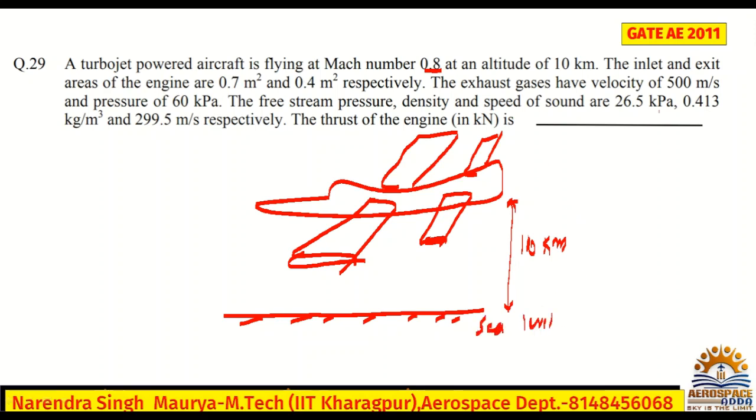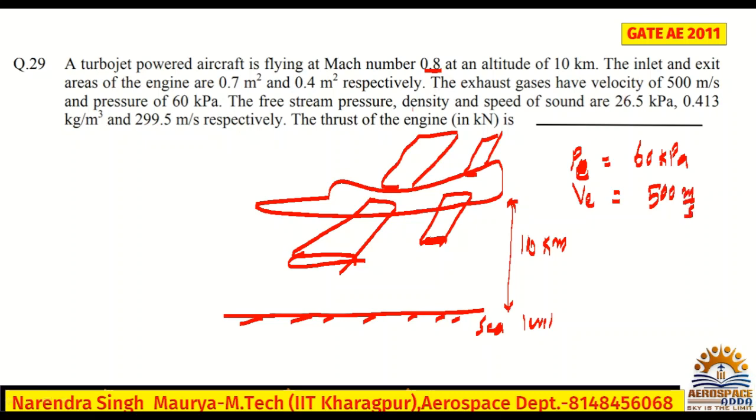They have given the inlet and exit area, and the exhaust gases at 500 meters per second and pressure 60 kPa. So P exit is 60 kPa and V exit is 500 meters per second.